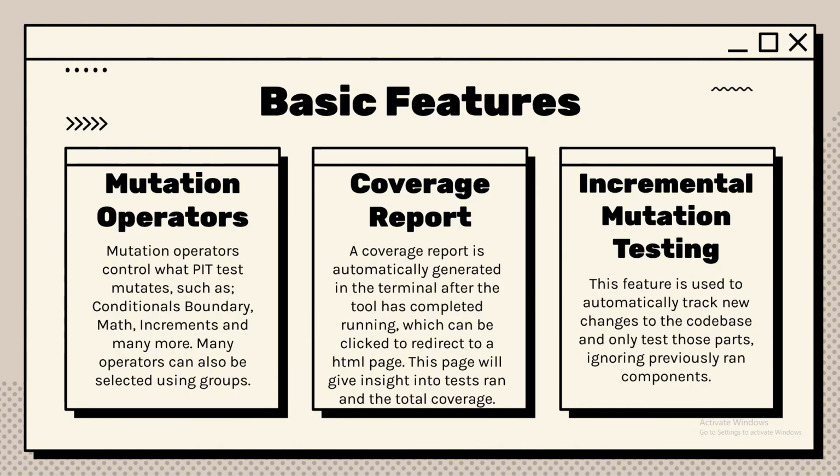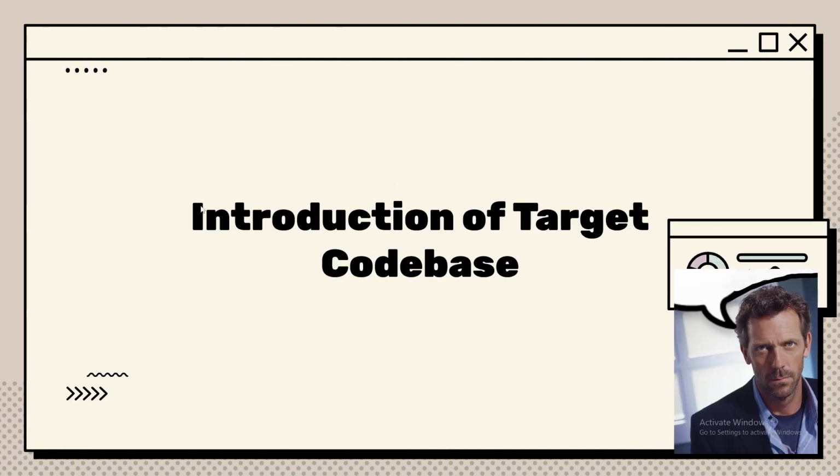This page will give insights into tests performed and the total coverage. And incremental mutation testing is used to automatically track new changes to the chosen code base and only test those parts or regions, ignoring previously run components. Now we're going to do a little introduction of the target code base.